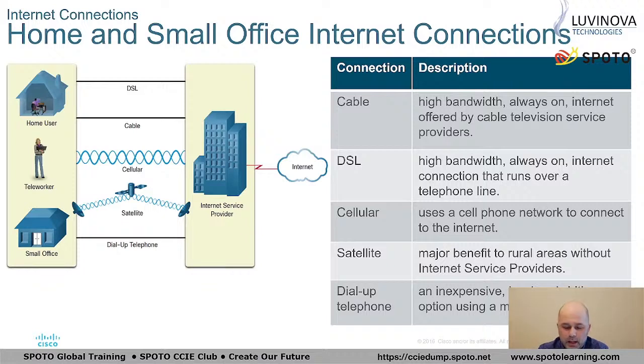Cellular uses a cell phone network to connect to the internet, right? So it's your mobile phones, guys. Ladies and gentlemen, we use those mobile phones and this cellular network daily. Satellite, which we do not use that often. Maybe some of us never used it before.